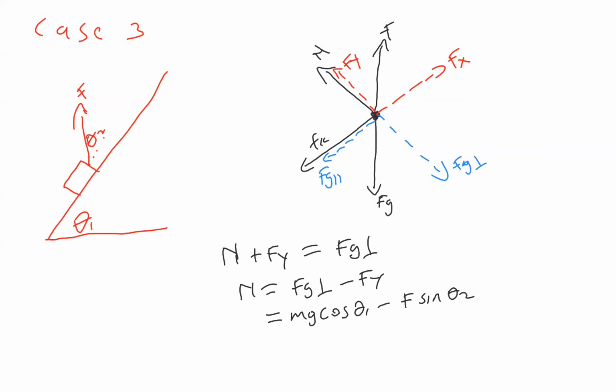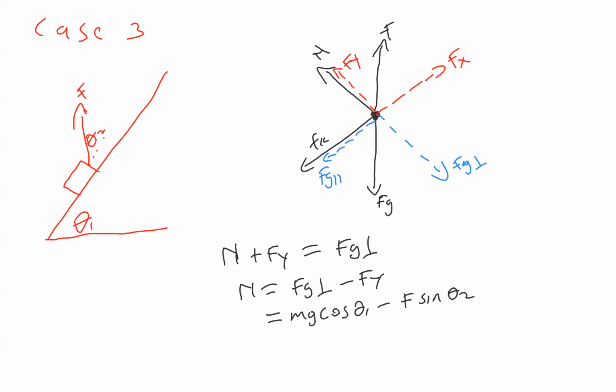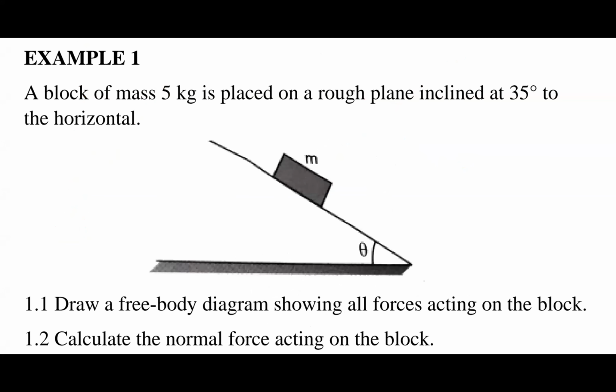Now, I want us to go straight to examples. I have 3 examples that I want us to look at. Example number 1. Here is the first example. It says that a block of mass 5 kg is placed on a rough plane inclined at 35 degrees to the horizontal.